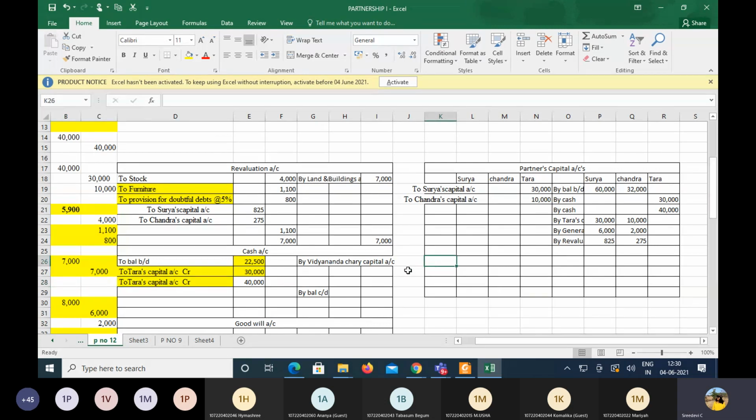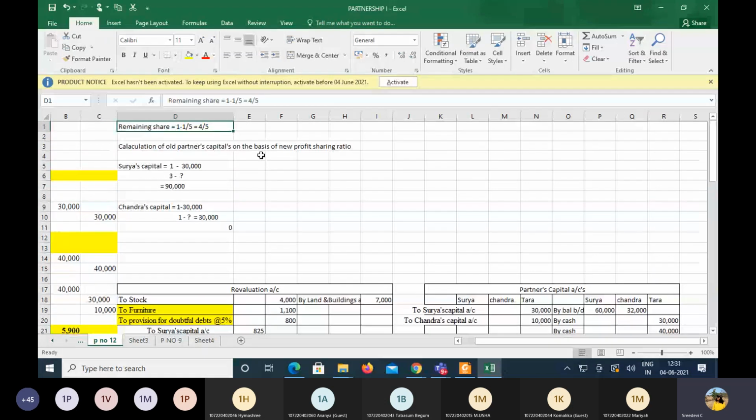Now let's see the capital accounts. Let's take the total of the partners, so here to balance carried down. Now what should be the capital of Surya?